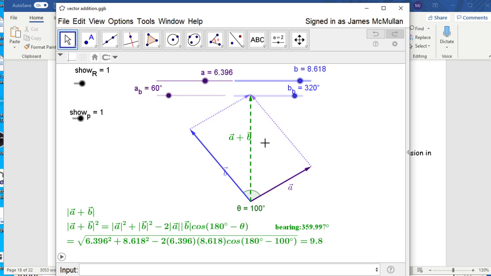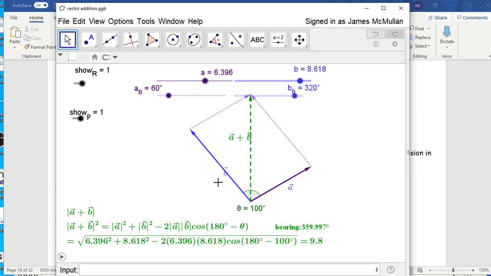Now look at the resultant. The resultant is 9.8 straight up. The bearing is 359.997, which is basically 360. Yeah, obviously, I rounded a bit in my answers.